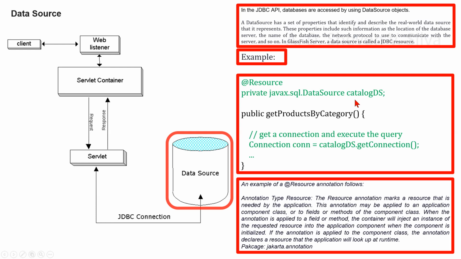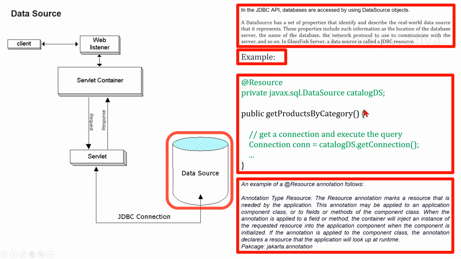The data source JNDI mapping is inferred from the field name catalogDS and type javax.sql.DataSource.